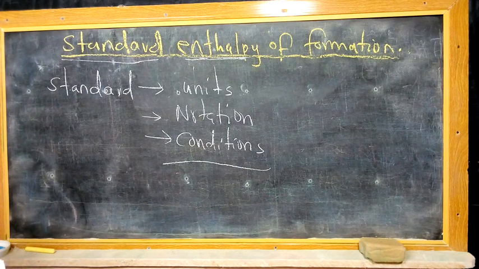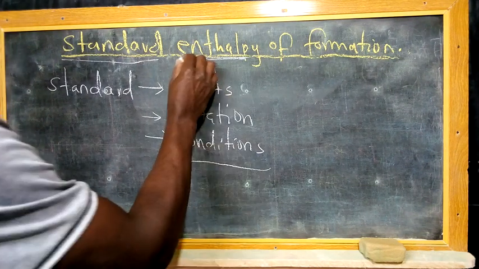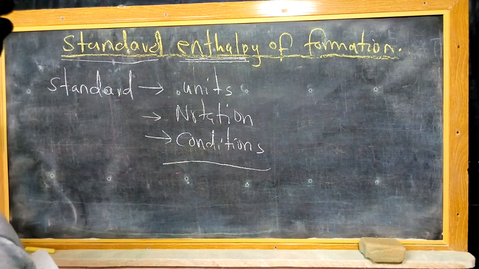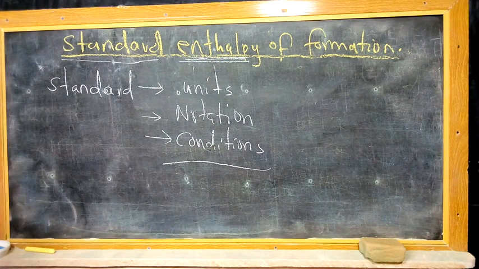We had also seen that enthalpy as a concept is a state function, which is a property of the system that only depends on its present state and is independent of the previous history of the system.